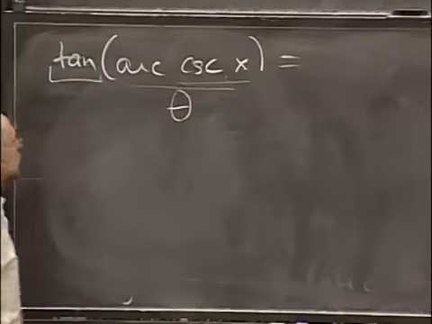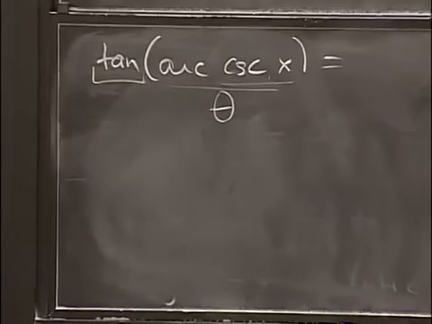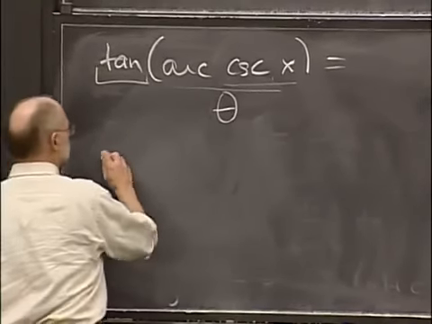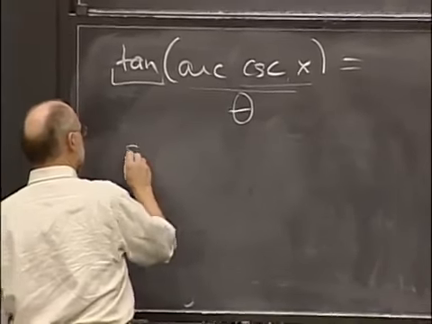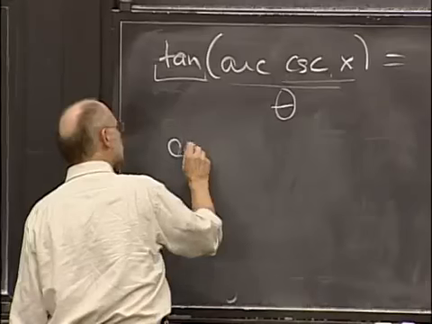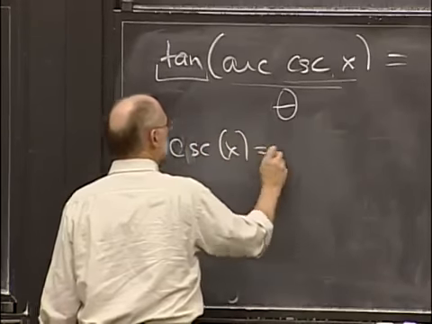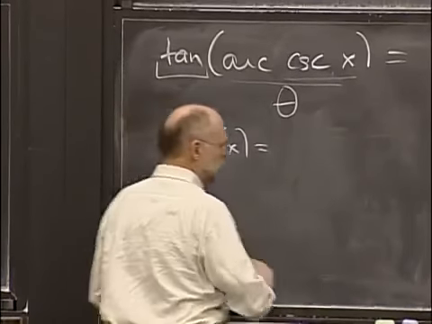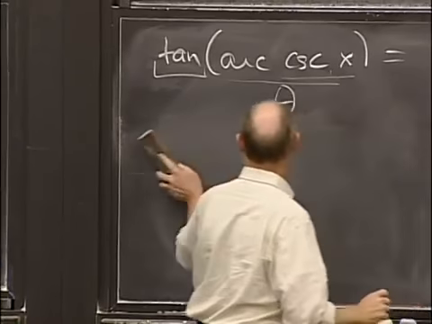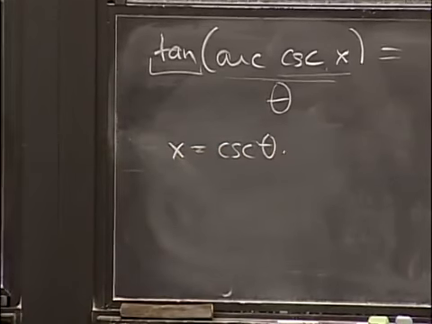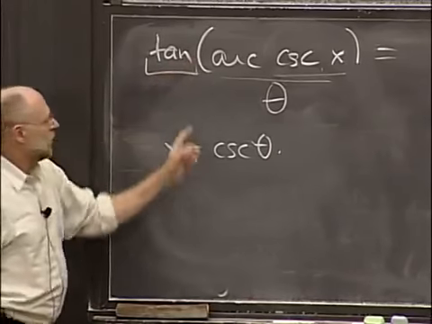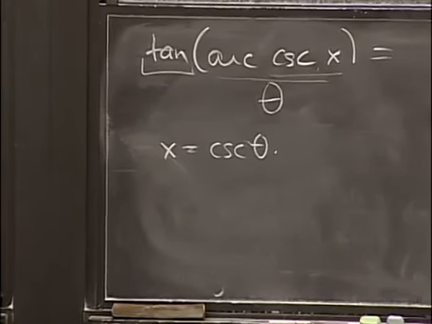This thing is theta. So that means the cosecant of theta should be x. Theta is the arc cosecant, so x is the cosecant of theta.